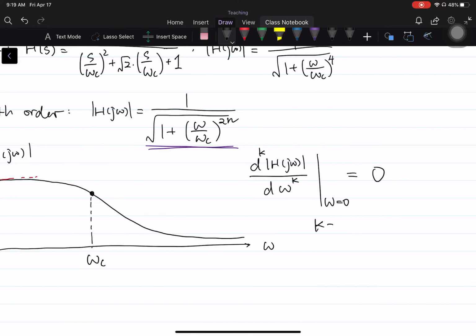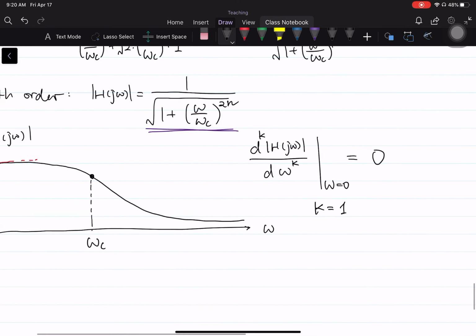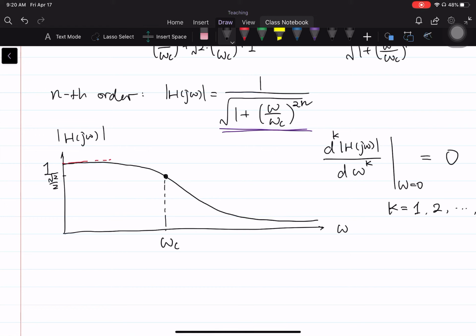For k equal to 1, 2, up to 2n minus 1, this derivative term is always equal to 0. Okay? Meaning the slope of this curve at the beginning is flat. The slope of the slope is also flat. That's the second derivative. And the slope of the slope is also flat.